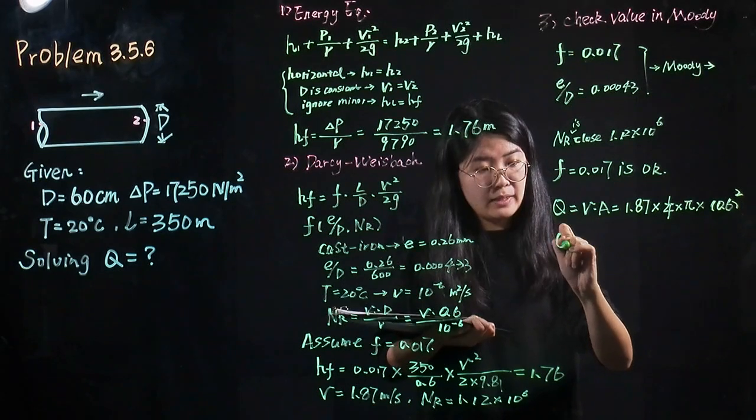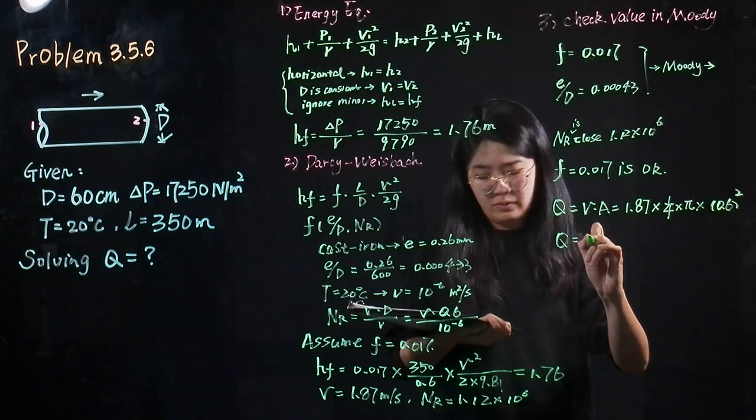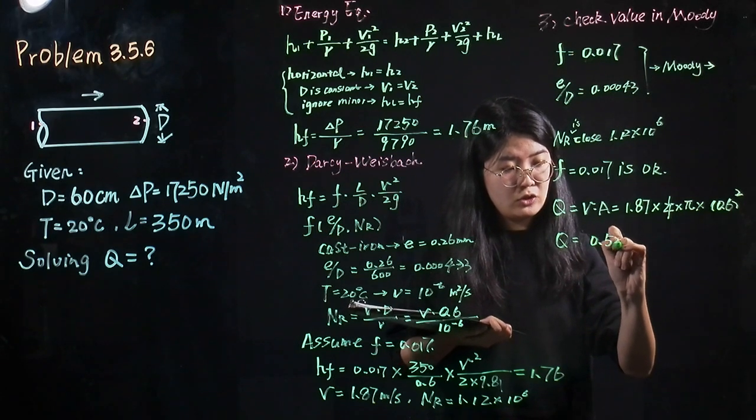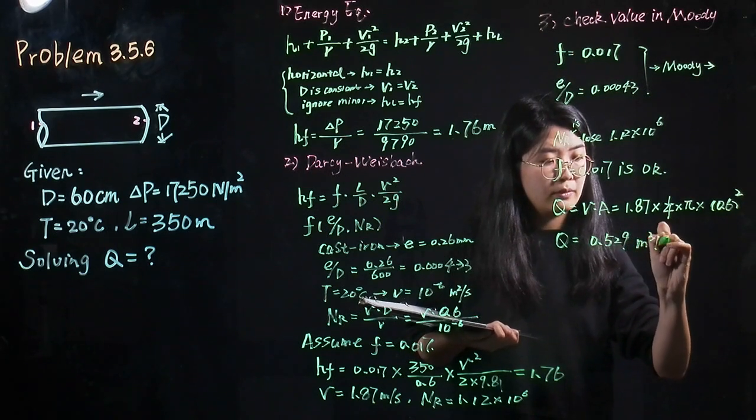So finally we get the flow rate, which is equal to 0.529 cubic meter per second.